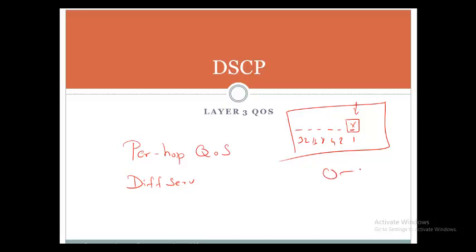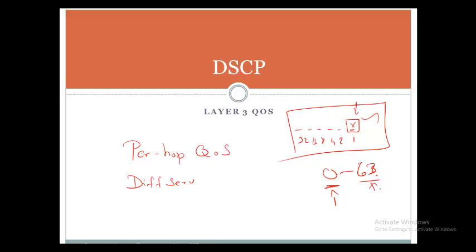0 is also a marking to say no QoS, the least prioritized, up to high prioritized. So this is considered. This is the proof. It is not 5-bit, it is 6-bit.